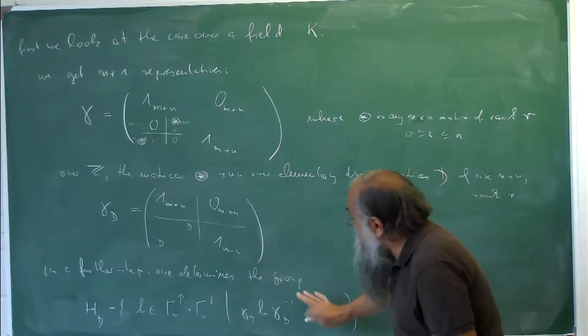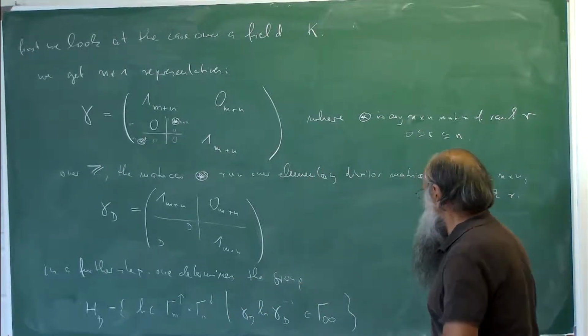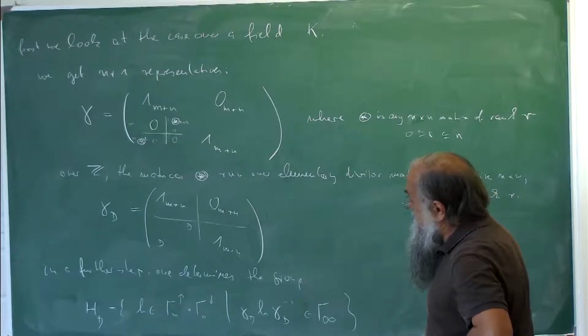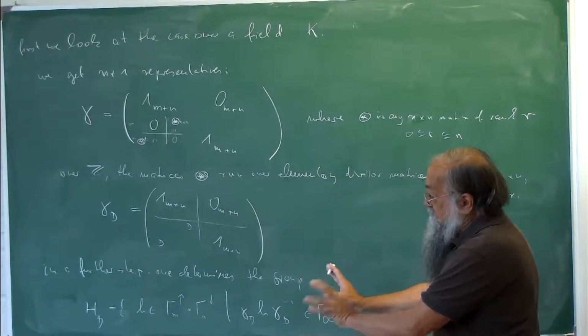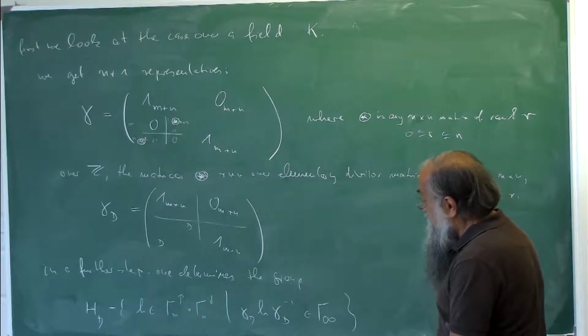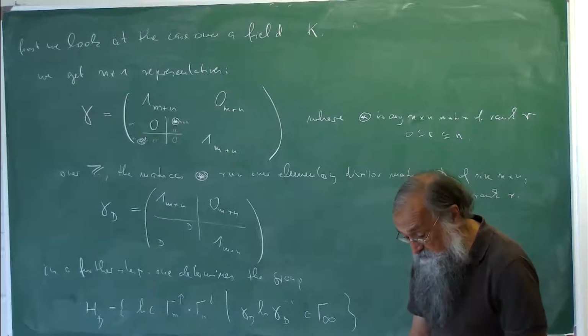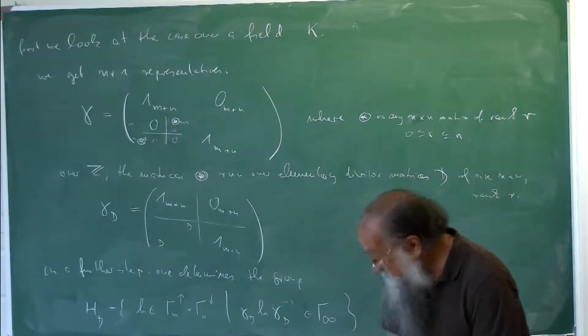This one has to compute explicitly, and this is not so difficult. This means just to compute with some block matrix decompositions. This is a certain subgroup, and you will see why this appears.